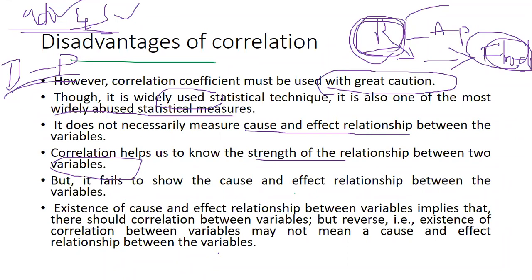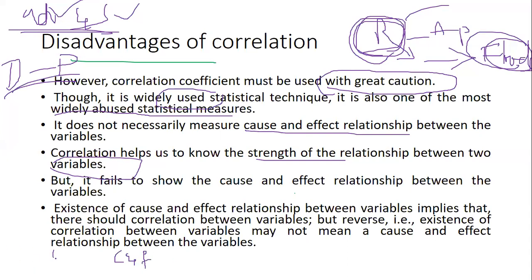They're trying to say the same thing over and over again, so please understand what the disadvantages are. It is a mostly misused concept in statistics, and correlation does not necessarily mean cause and effect all the time. But if at all cause and effect is present, it means there is correlation. It is something like that.